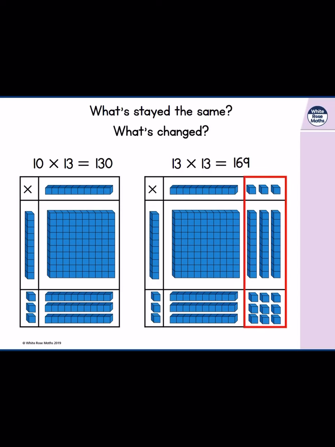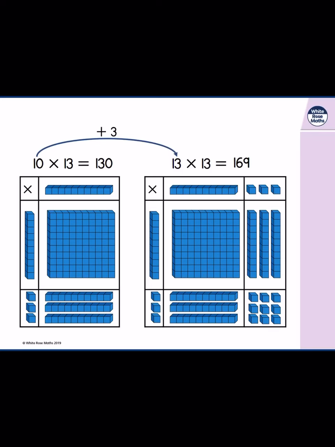Well, I can see I've got this extra column. This part represents the extra 3 that I multiplied by 13. I've got 3 more lots of 13. And I know that 3 more lots of 13 is going to be 39. And that 39 is represented here. That's why it's 39 more.